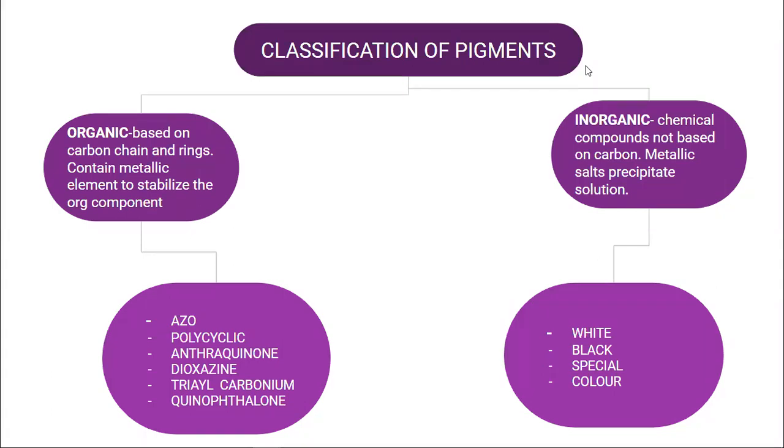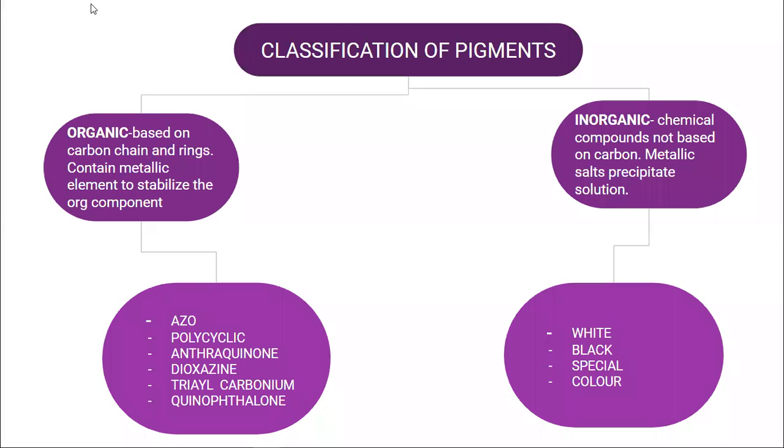Examples of organic pigments are azo, polycyclic, anthraquinone, dioxazine, thiocarbonium, and quinophthalone. Then we have inorganic. Inorganic is a chemical compound that is not based on carbon. It is a metallic salt precipitate, for example in white, black, special, or color form.